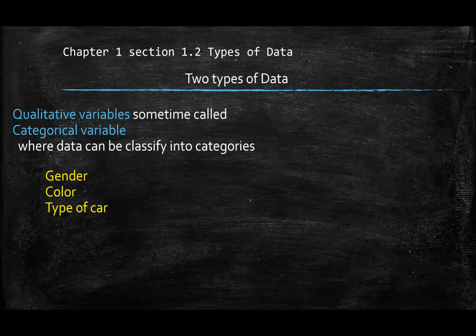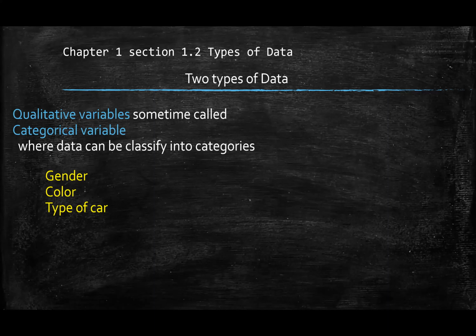Those are in different categories. Students can be qualitative in terms of freshman, sophomore, junior, and senior. I can put you in different categories, and that will be qualitative data.